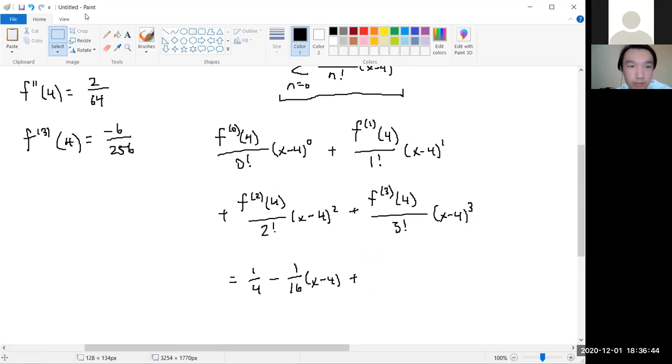I'm going to write it like this: 2 over 64 over 2 factorial, and then x minus 4 squared, and then minus 6 over 256 over 3 factorial.